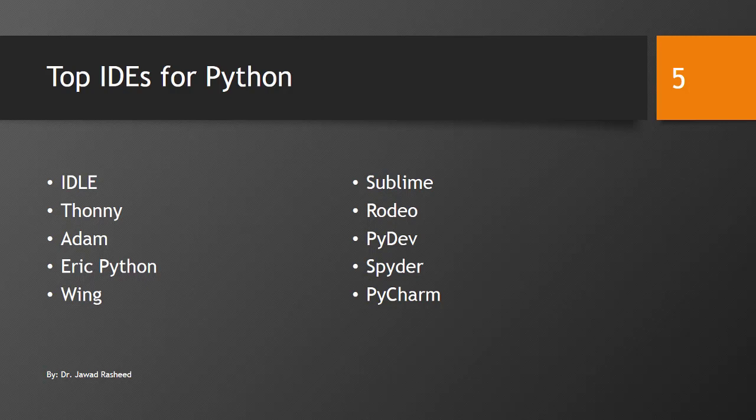Another IDE is called Sublime Text. It is also a cross-platform IDE, which is obviously a paid one, and it's around $80. It is developed in C++ and Python. In addition to Python, it provides support for other languages as well. The features of this IDE can be enhanced using plugins.